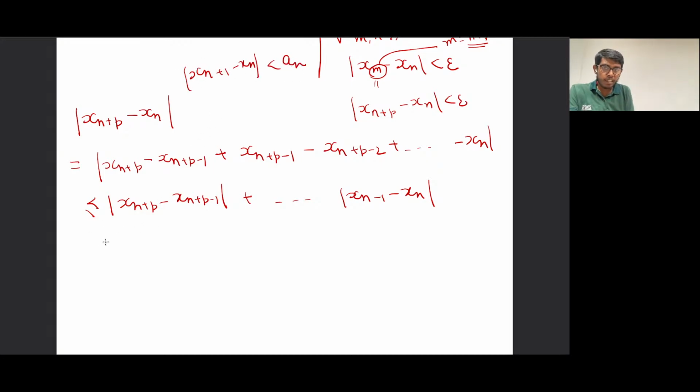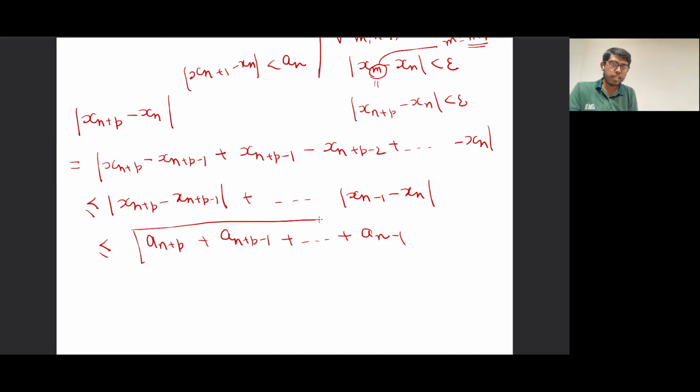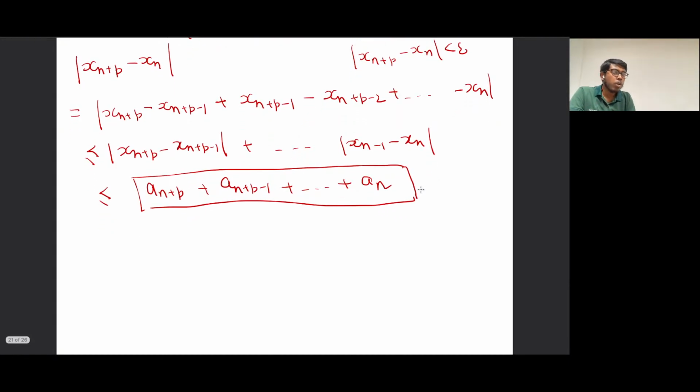So it means this thing is less than an plus p plus an plus p minus 1 plus dot dot dot plus an. I guess this last term will be an, not an minus 1.